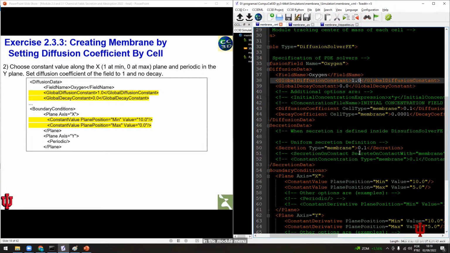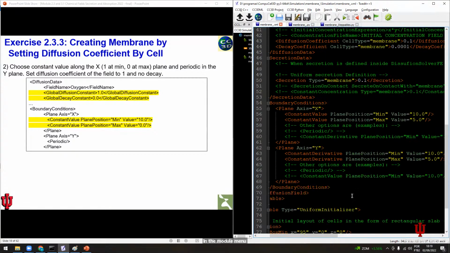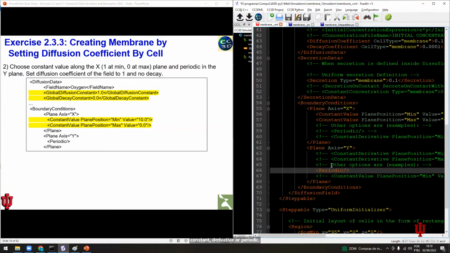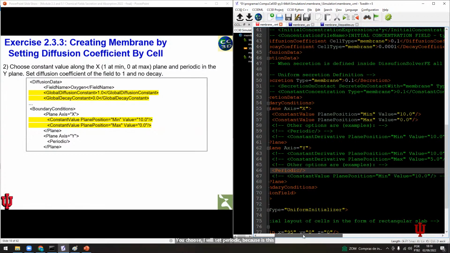And also in your boundary conditions, set the proper boundary conditions, which are 10 and 0 for x, and 0 constant derivative, or periodic. You choose. I will set periodic because it's simpler.